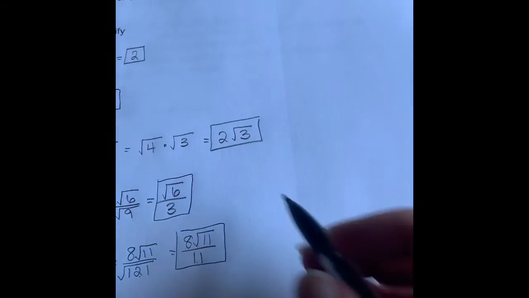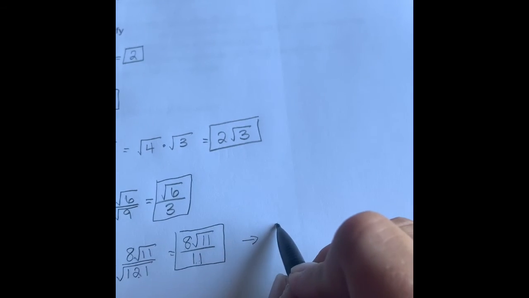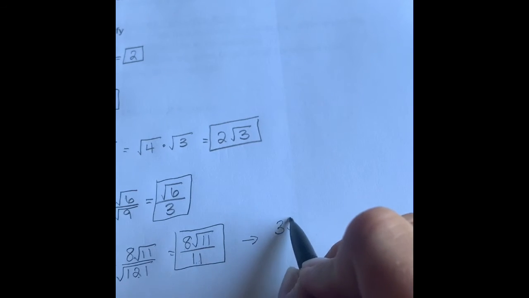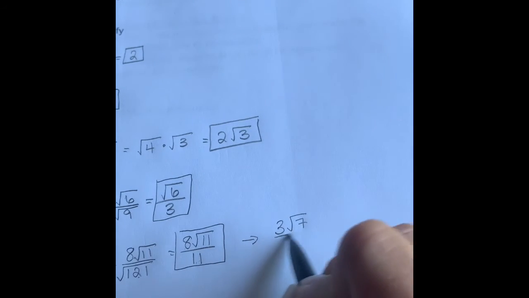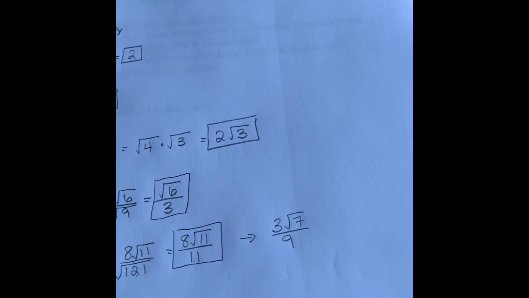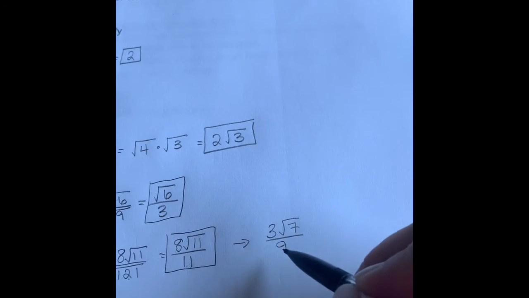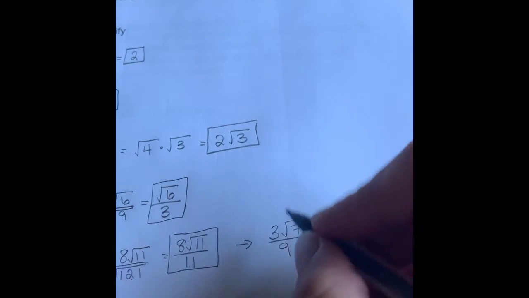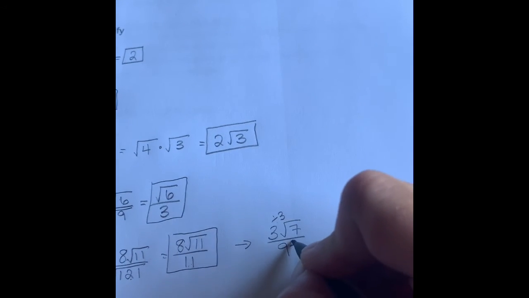If you were given something like a final answer of, let's say, 3 square root of 7 over, let's say, 9. So let's say you were given this. 3/9 can be simplified because both of these are divisible by 3.